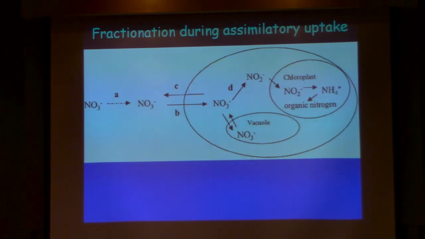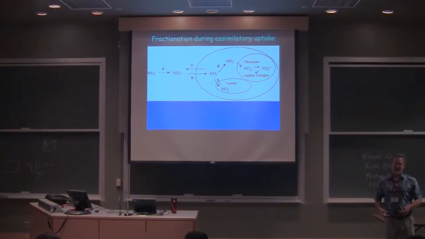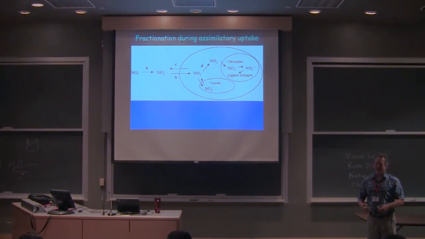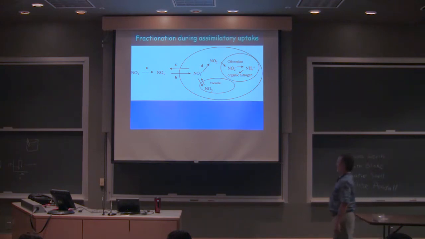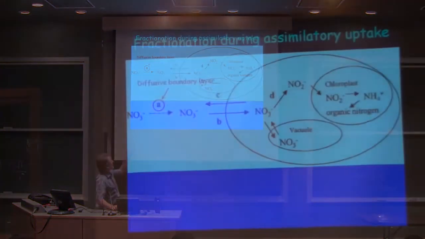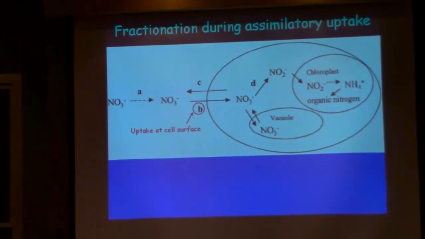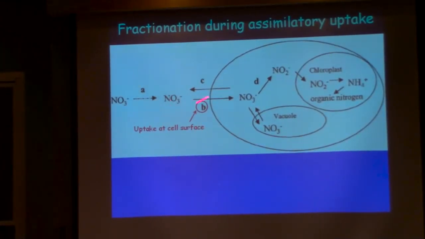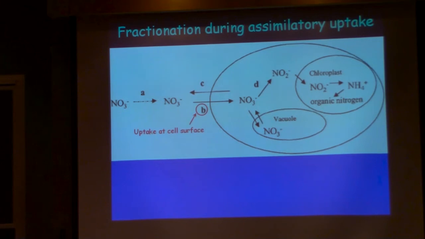Okay, so the Southern Ocean is a region which shows an association of nitrate assimilation. Let's look in detail at how that occurs. Again, I don't want to belabor the point, but there's flux in, flux out, and an isotope effect associated with fixation of that. In this case, we have nitrate. Nitrate is transported into the cell. There's a diffusive boundary layer, and then there's uptake at the cell surface, which is an active transport.